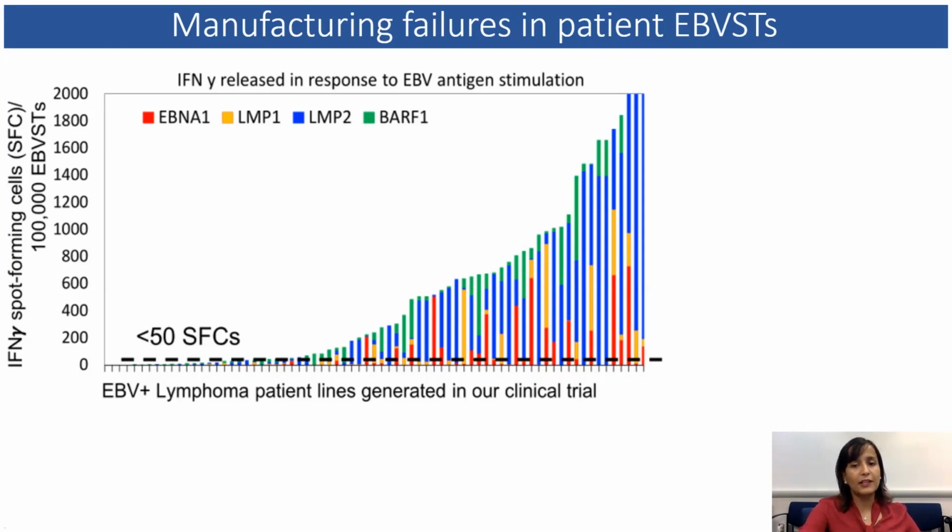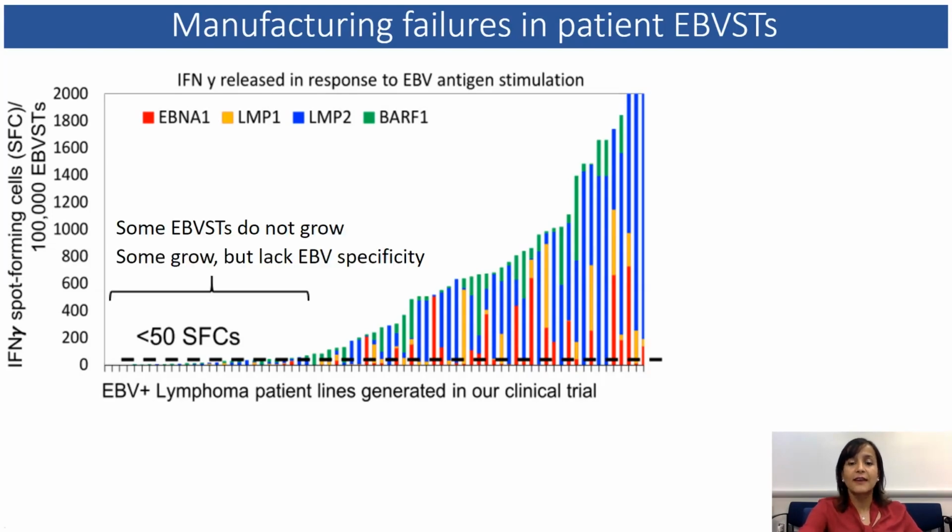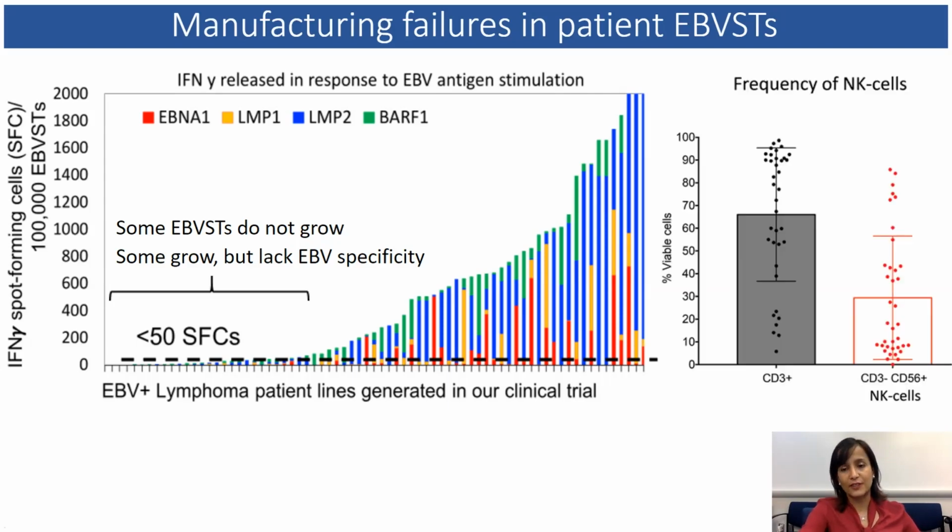When we specifically looked into these lines, you can notice that a lot of them just do not grow. And then some of the lines do grow, but they still lack EBV specificity. Because we see that they grow and lack EBV specificity, we looked into our lines' phenotype.